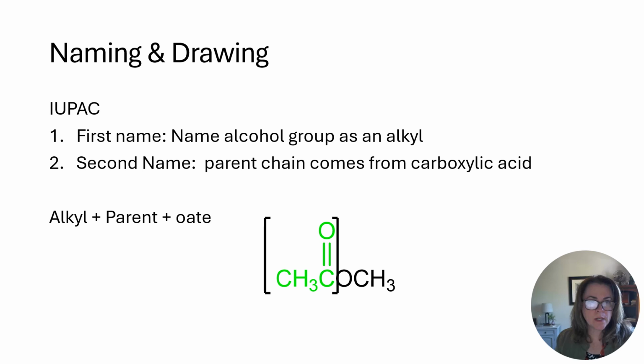Okay, so in naming and drawing, we're really focusing on naming here using our IUPAC system. Our ester really comes from two different components. Our ester is the combination of a carboxylic acid and our alkoxy.